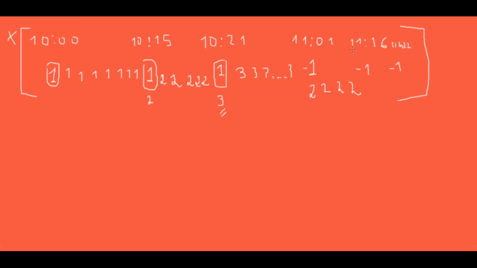And when we get to 11:16, this one also doesn't count anymore for the hour, so it becomes 1 from here on. And again at 11:22, this one doesn't count anymore, so from there on it is 0.